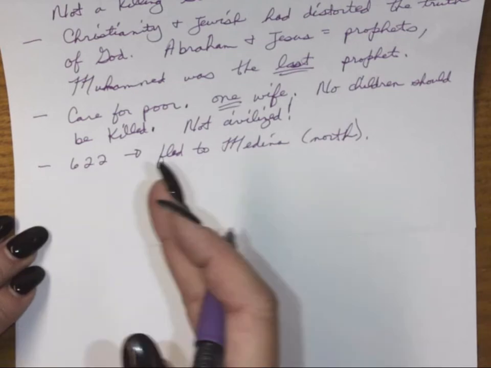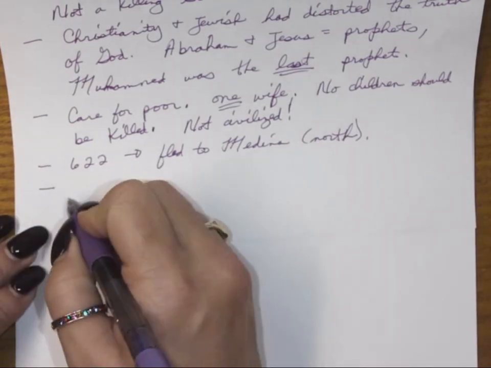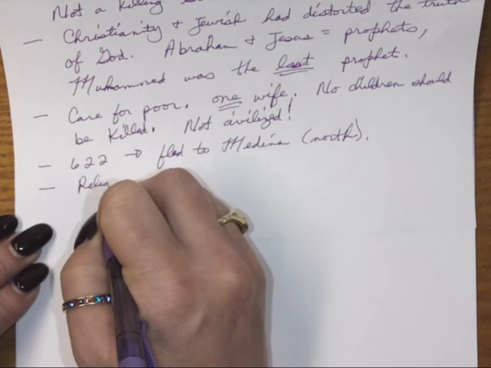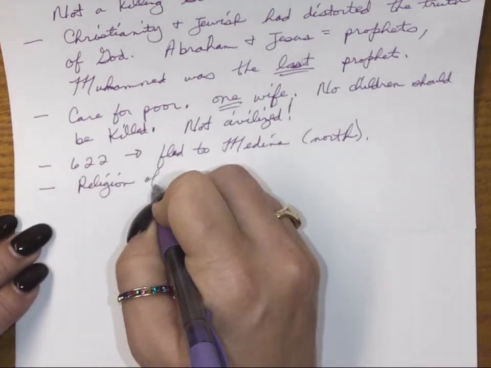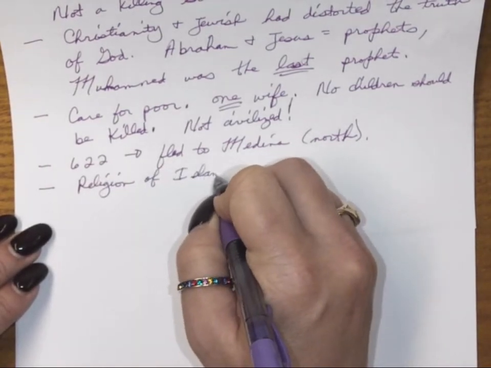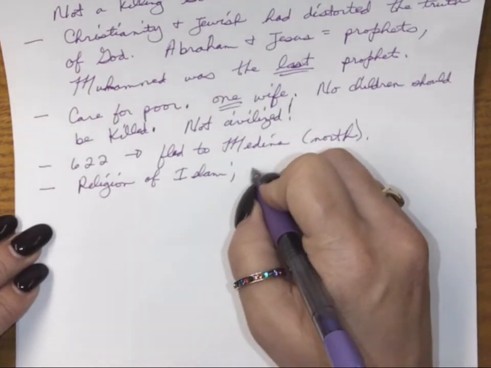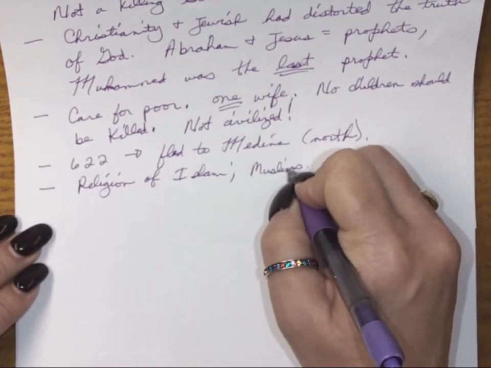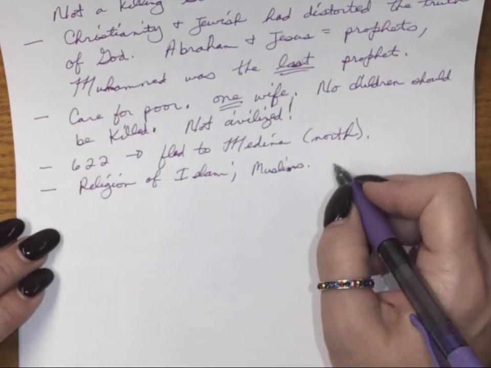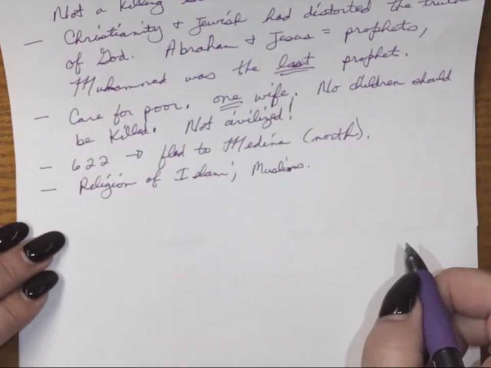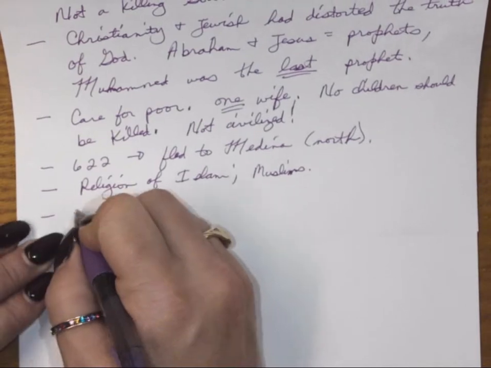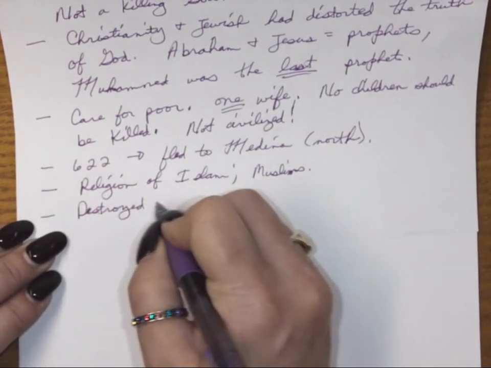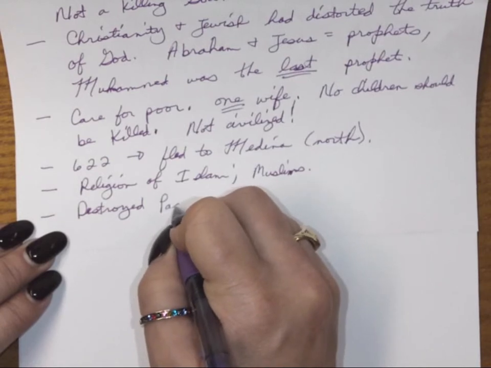As he is establishing his new religion, which we all know is the religion of Islam, and people who believe in that religion are called Muslims. As he was establishing this religion, he said, look, we're going to destroy these pagan idols, okay? So we are not going to worship the stars and the destroyed pagan idols.